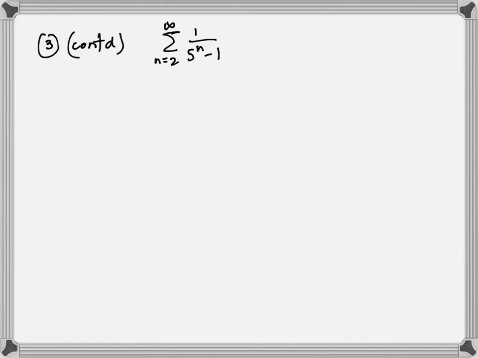So we're going to do what we did before. Remember, this guy, we usually call this guy AN. And I'm going to let BN be 1 over 5 to the n. Again, these are the terms that dominate, right? The -1 is not going to change anything.